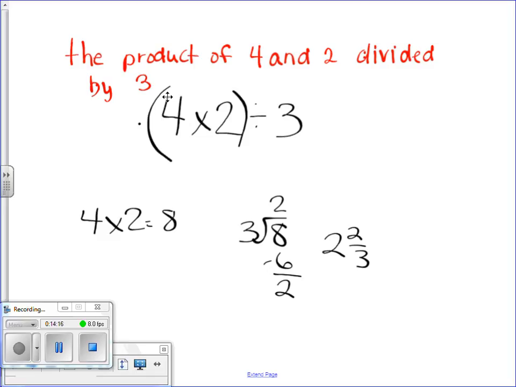It has to be all written together. I get what you're doing when you do this, but it has to be all written together in one number sentence. So it's the product of 4 and 2 divided by 3. It all has to go together in one solid sentence.